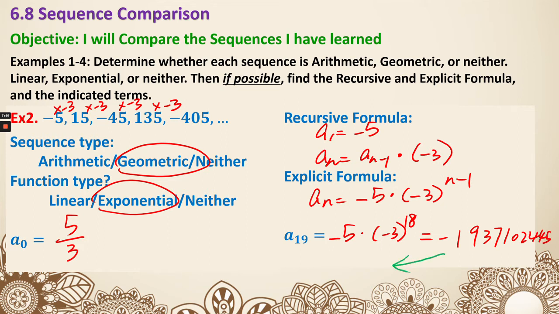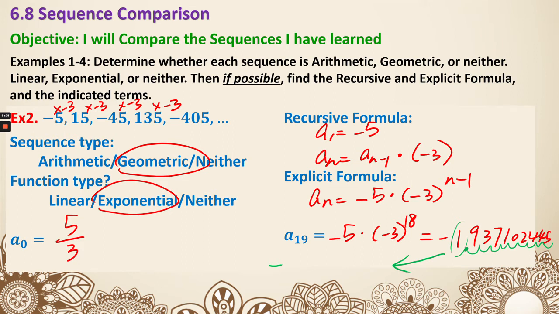Or if any question asks you to write that in scientific notation, the requirement is you have to get the decimal point to right there, meaning you only have 1 digit in front of the decimal point. So that means we need to move it all the way from the end. So 1, 2, 3, 4, 5, 6, 7, 8, 9. I'm going to need to move my decimal point 9 times.